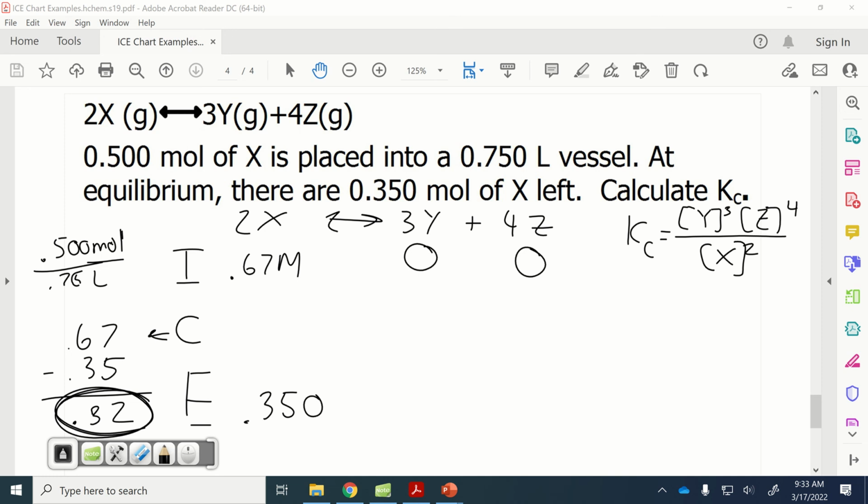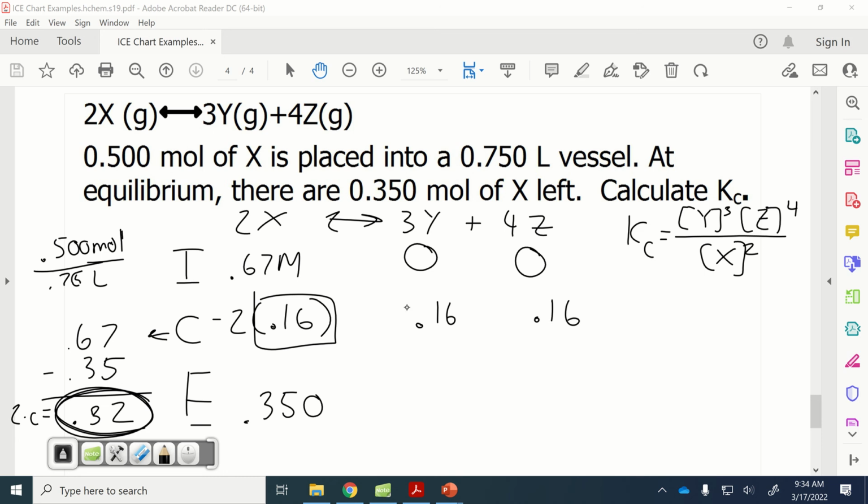So basically what I'm saying is 2 times the change equals 0.32. So I need to actually divide that and say this is 2 times 0.16. That's how much this is changing by. I need that number because it's the 0.16 that's going in on the other side.